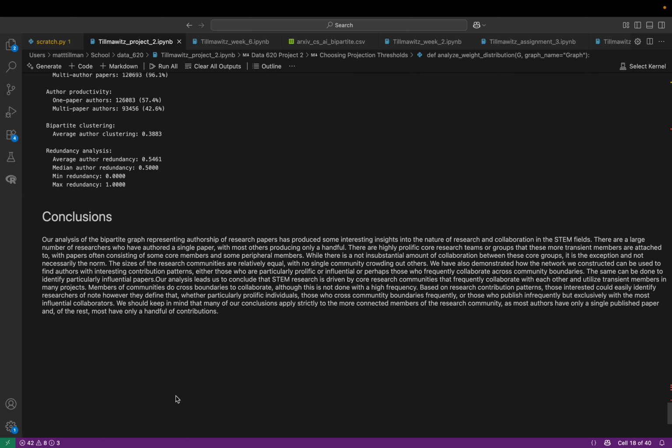So, what can we conclude? Our analysis shows us that the vast majority of authors do not produce a significant body of work. However, the space as a whole is highly collaborative, with 4 to 5 authors being very common. The research is driven by highly prolific and highly connected core communities with more transient peripheral members, with a moderate level of connection between these communities.